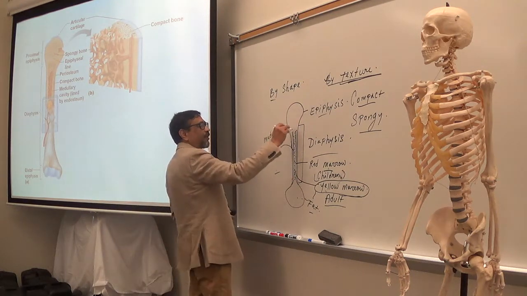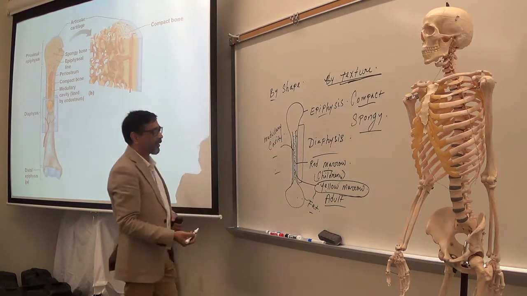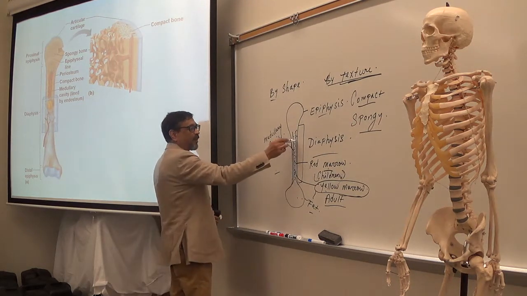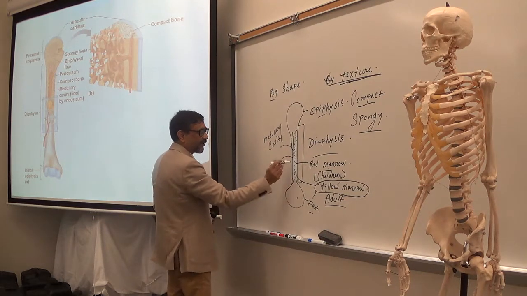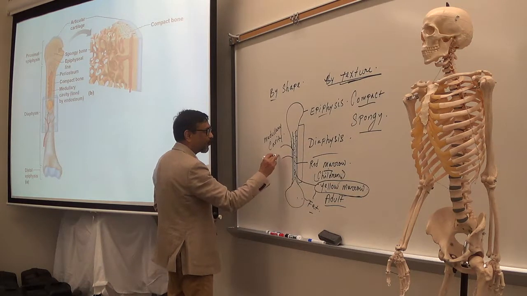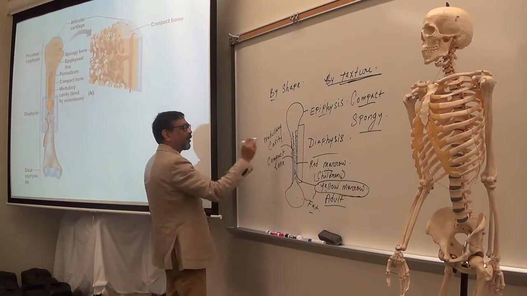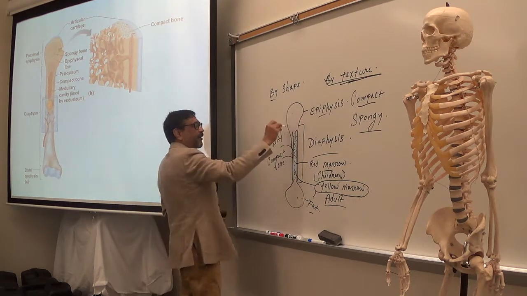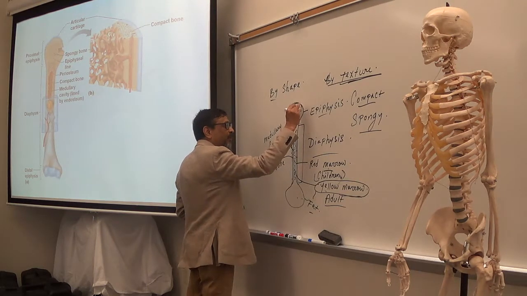Now, the medullary cavity is surrounded by compact bone. So in the shaft, this bone is hard, compact bone. At the end, just the covering is compact bone, like this.